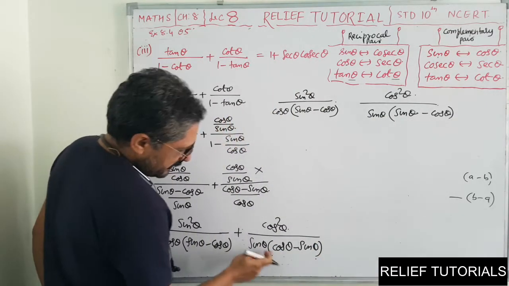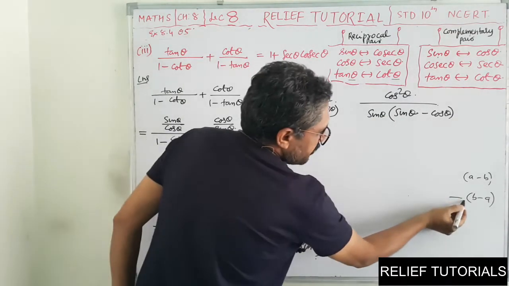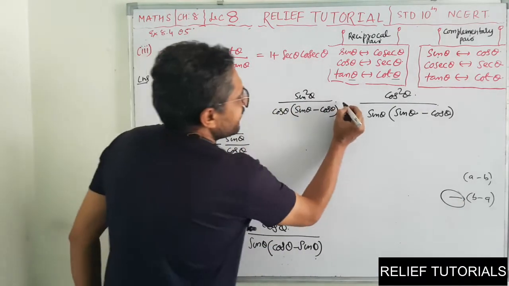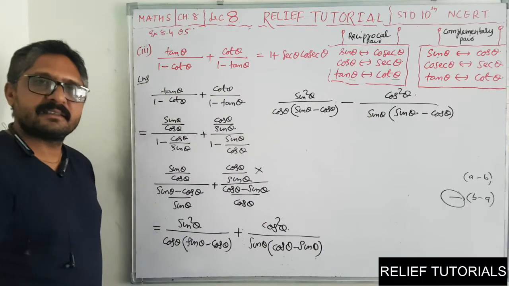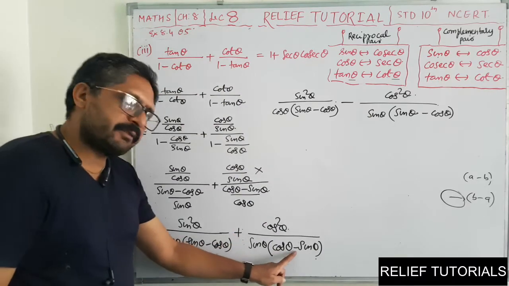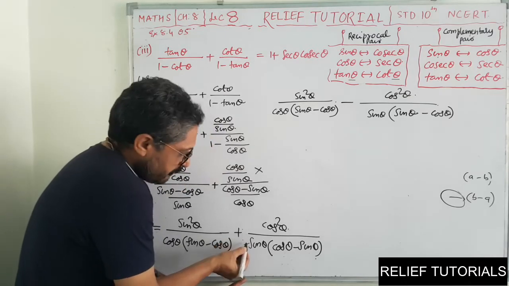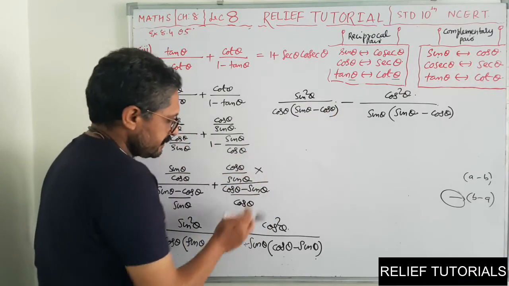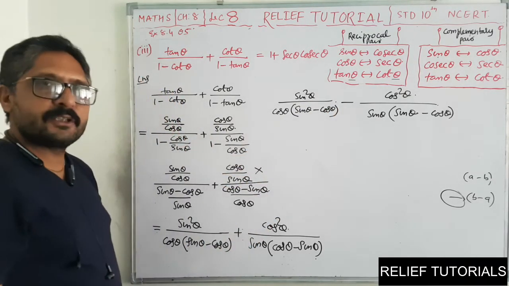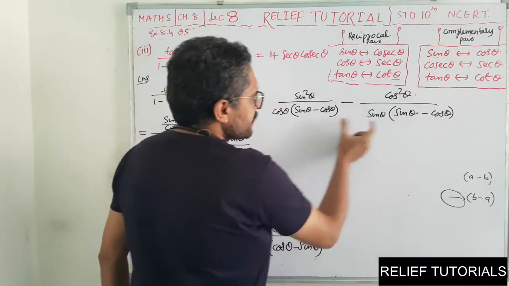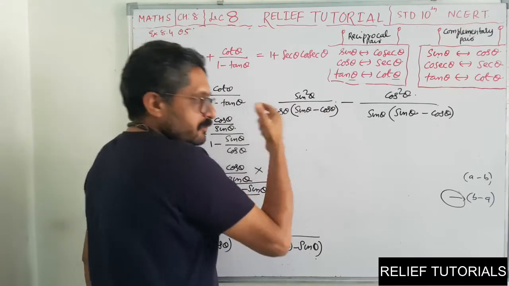So I have taken minus common. If I take minus common, there will be a minus sign here. So plus into minus, I will get minus here. Have you got it? Why? Because I have taken minus common, that minus will be here. Minus into plus will be minus. So by doing so, what happens? See, these two terms have become the same: sin theta minus cos theta, sin theta minus cos theta. That vision you should have.